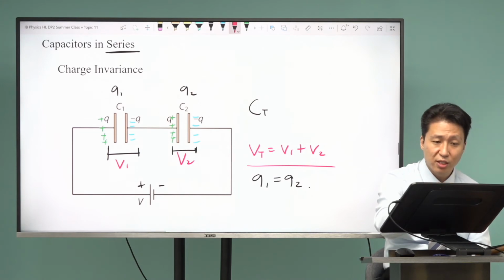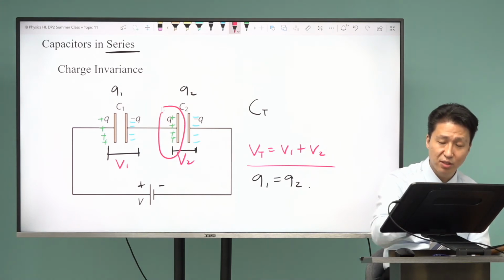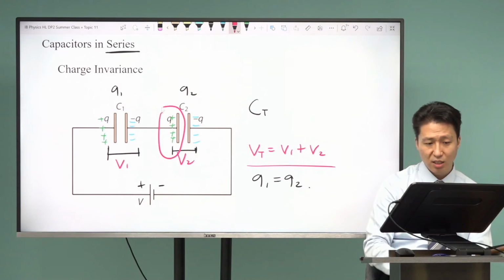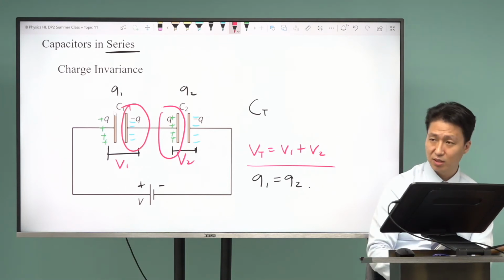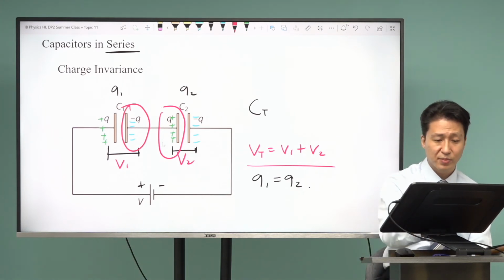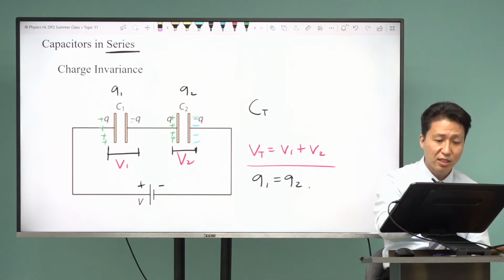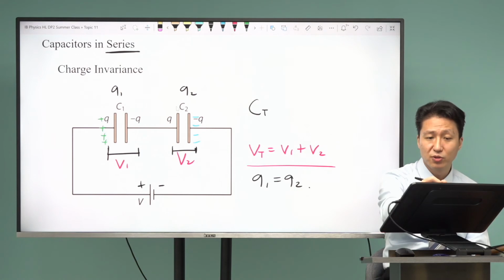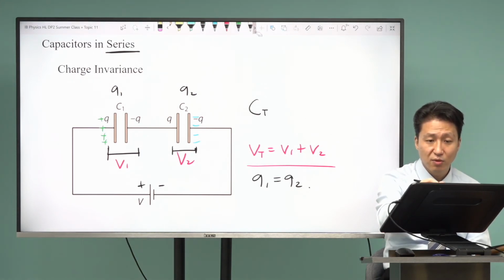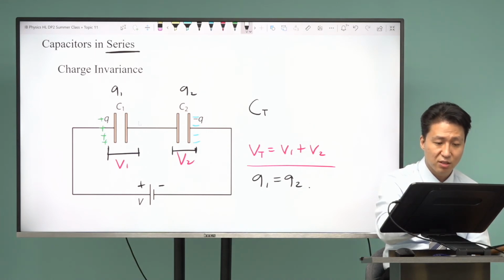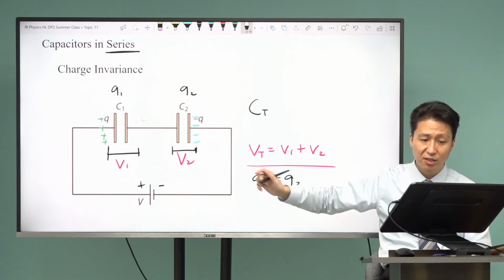Number two is the charge on this side of this capacitor came from here. What does this mean? Before these were charged, let's say they were neutral. I'm going to get rid of the charge signs here. Forget about the rest of this.